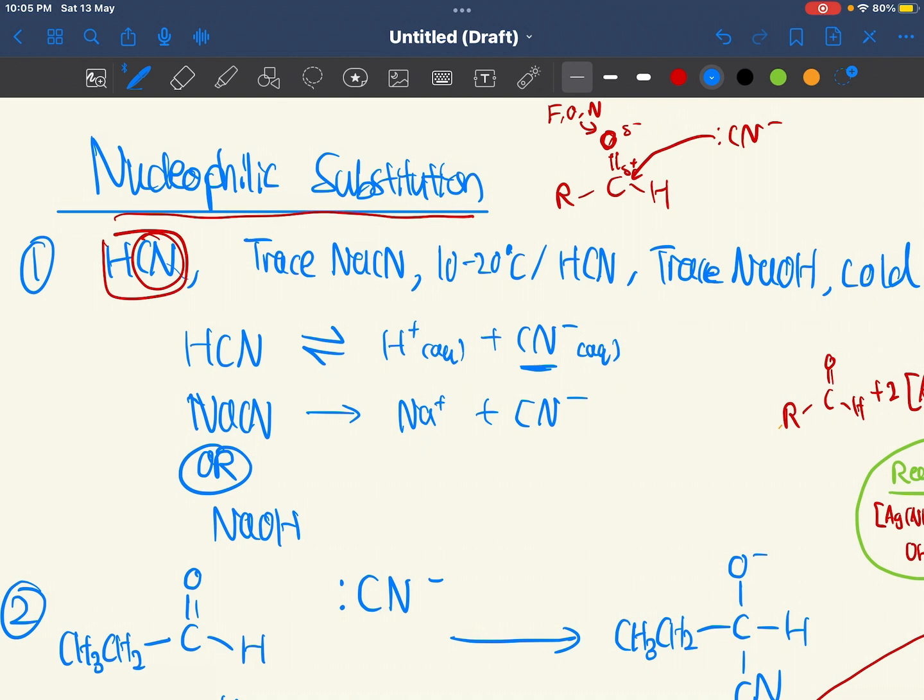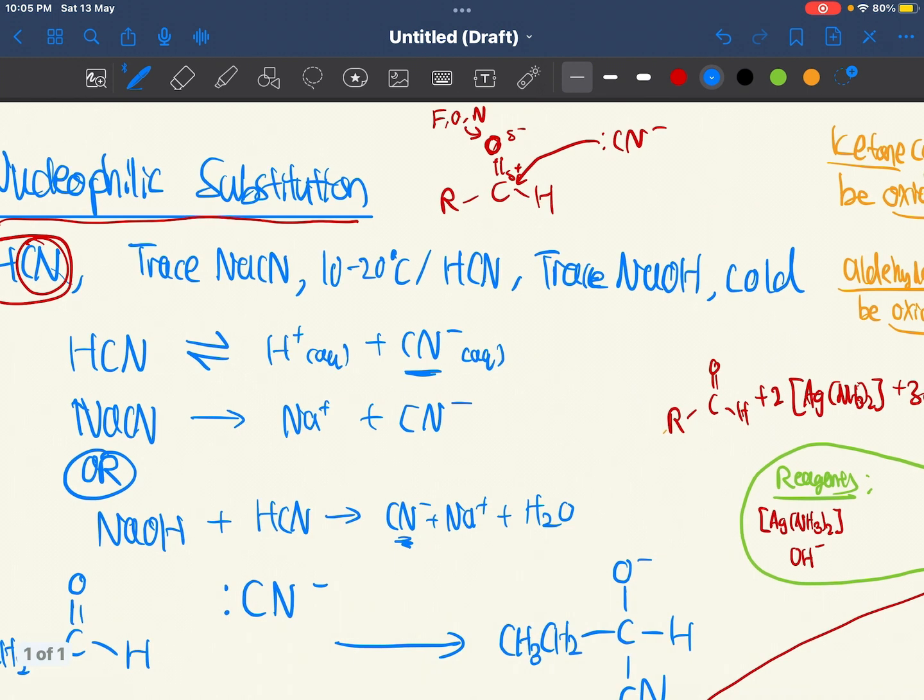Or alternatively, we can use NaOH plus HCN to form our CN-, Na+ and H2O. This is to produce more CN- ions.